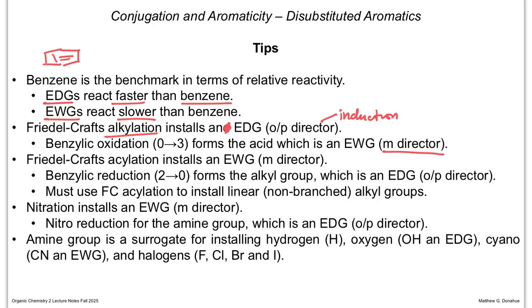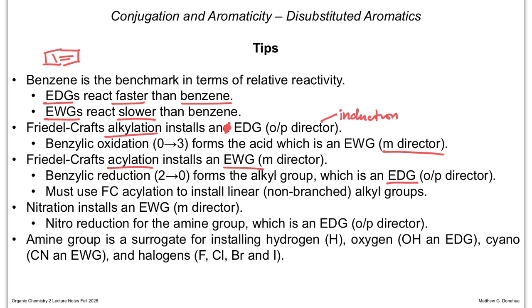The opposite strategy of that is called acylation. That's going to make a ketone, which is an electron withdrawing group. That's a meta director. We can reduce that ketone with the Clemmensen reduction, and that will flip its reactivity to an electron donating group, so an ortho-para-director.